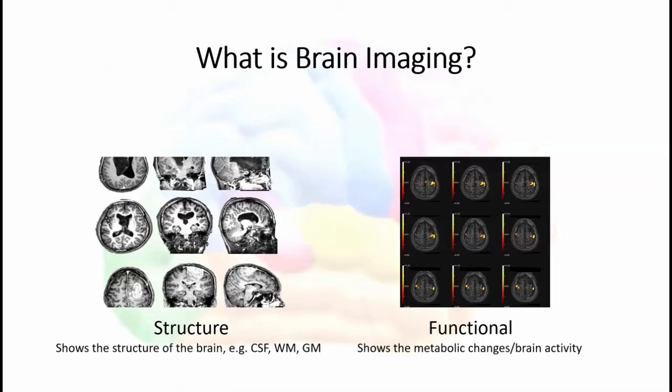Brain imaging, also known as neuroimaging, falls into 2 broad categories. The first category is structural imaging. Structural imaging provides images of the structure or anatomy of the nervous system. For your information, the cerebral cortex is a highly folded sheet of gray matter that lies inside the cerebrospinal fluid and surrounds a core of white matter.